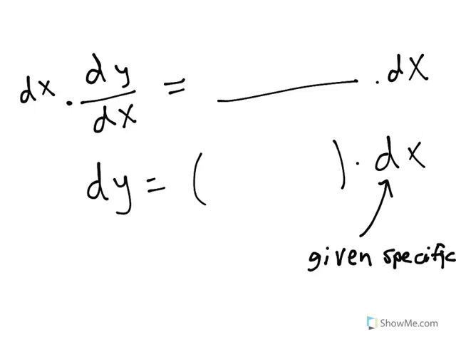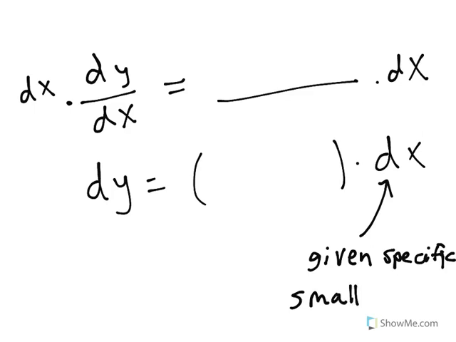Usually that's going to be a small change. Remember in the last video when we talked about linear approximations, if you have a really big change in x, if the two points are really far apart from each other, then your estimate is going to be off by a lot. You're not going to find something really close to what we want. So for us, this value of dx is typically going to be small.